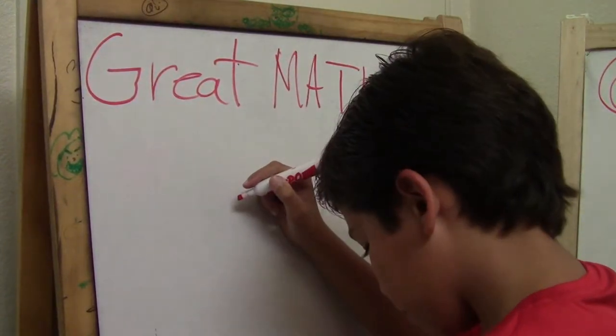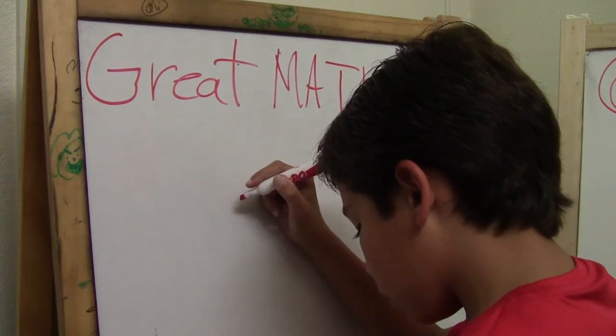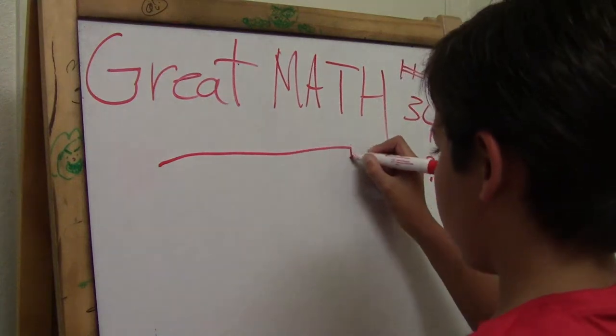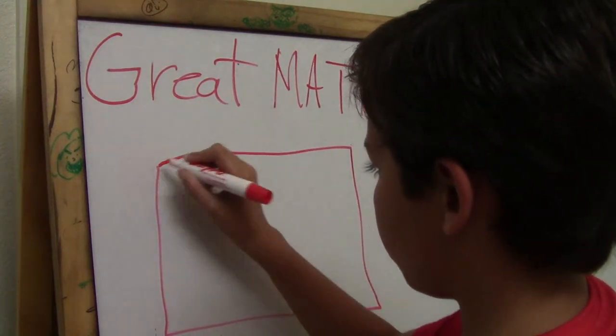Okay, it says two quarter circles are drawn in a rectangle shown. Let me draw that rectangle.